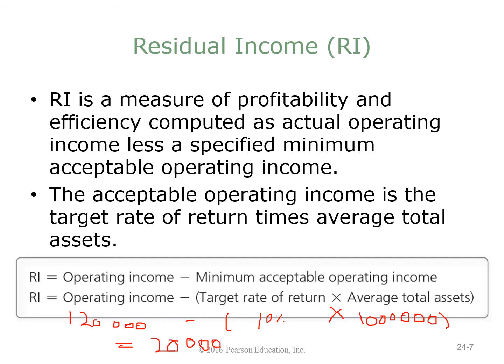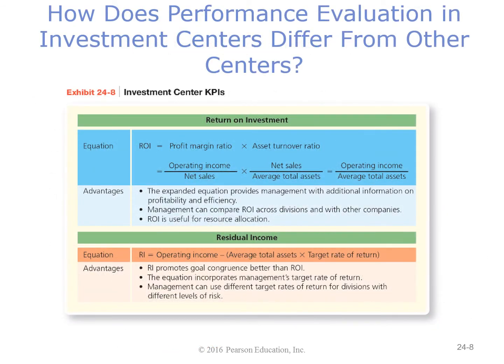How does performance evaluation in an investment center differ from other centers? As we said, investment center KPIs include return on investment, the ROI, which equals the profit margin ratio multiplied by the asset turnover ratio. This is operating income over net sales multiplied by net sales over total assets.